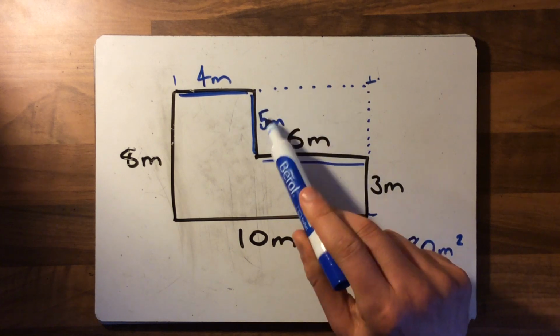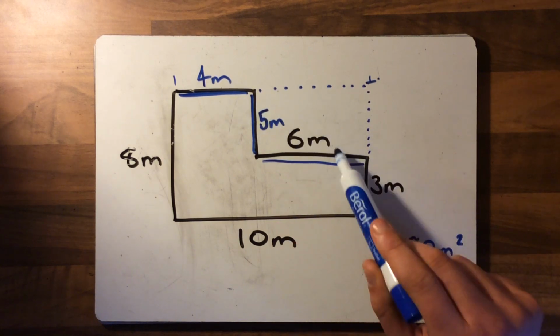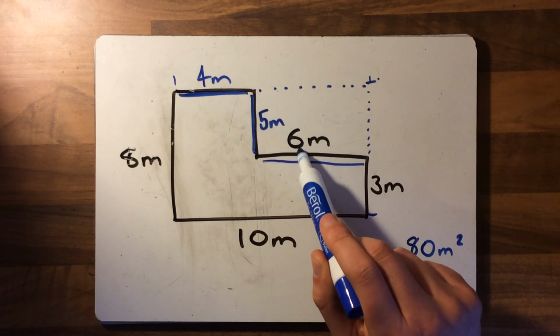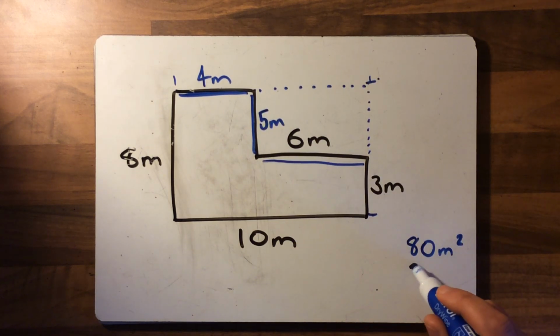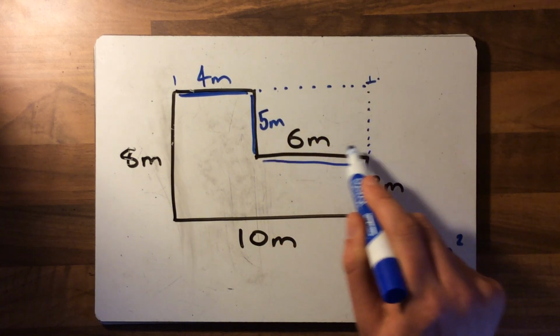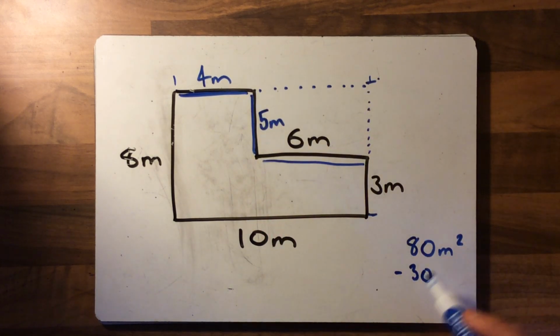So you could work out what this area is here that is actually not part of the original shape, and you could do 5 times 6, which is 30, and then you could subtract it, couldn't you, because this is not part of the shape, to get to 50 metres squared.